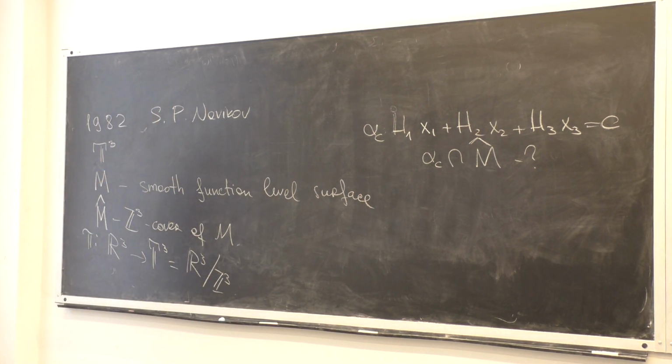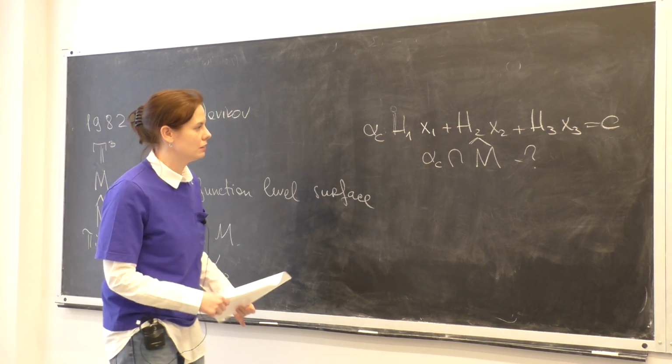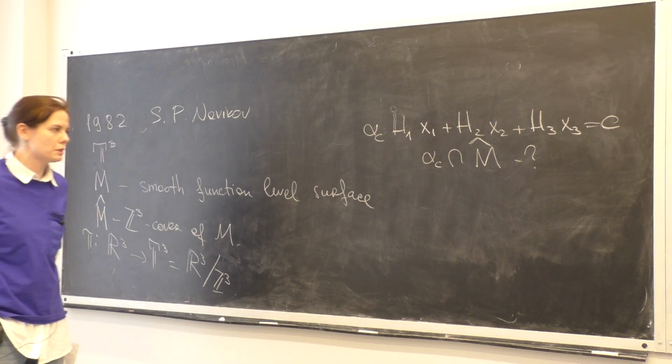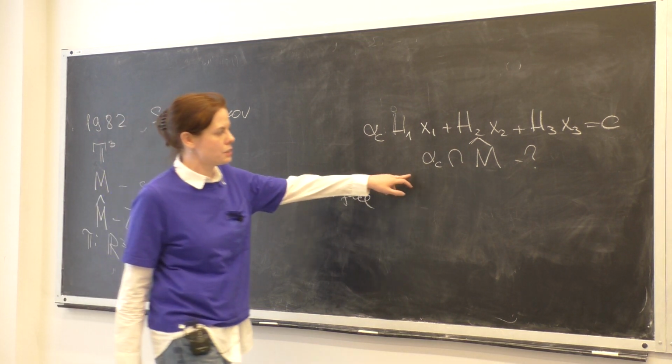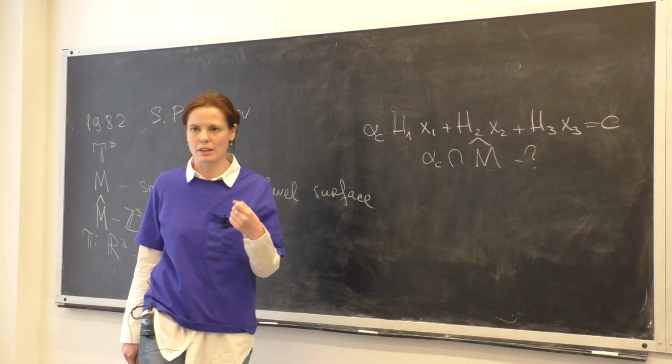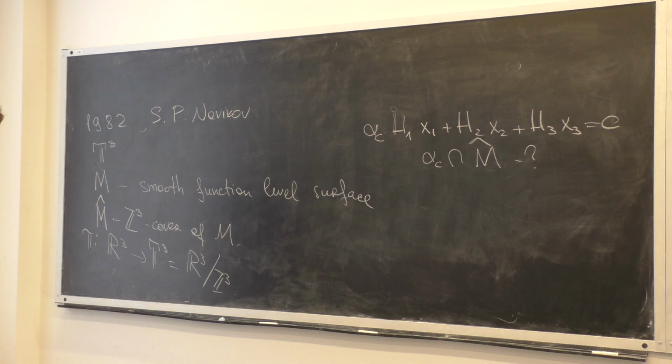So if you prefer a physical interpretation, you can think here about the Fermi surface of some metal and a vector which will be responsible for the magnetic field. And so this intersection will provide you trajectories of the electron when it moves in your crystal lattice.